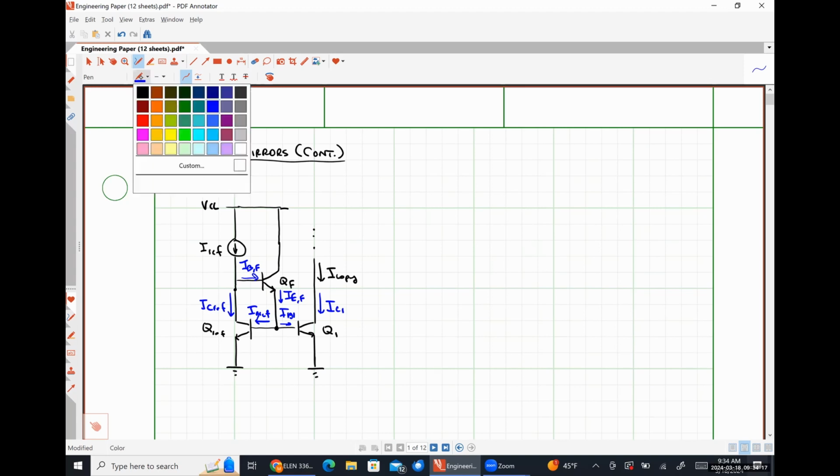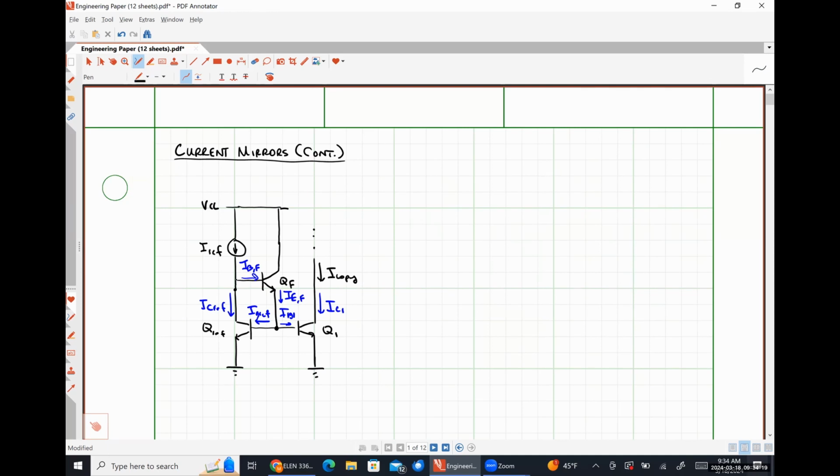So why is this advantageous? Okay, so we're using this effectively emitter follower amplifier as a current amplifier so that we know that the base current is going to be significantly smaller than our emitter current for this amplifier.